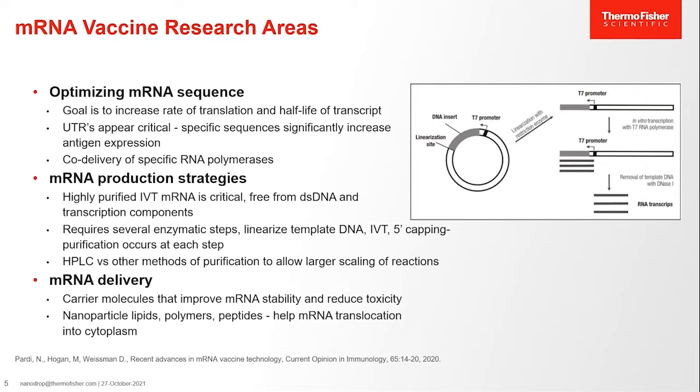The IVT mRNA reaction requires several enzymatic steps, and purification must happen post-reaction. That's typically done through HPLC, but some other methods are also employed to purify the mRNA vaccine. The final area of research has been in the area of mRNA delivery into cells.